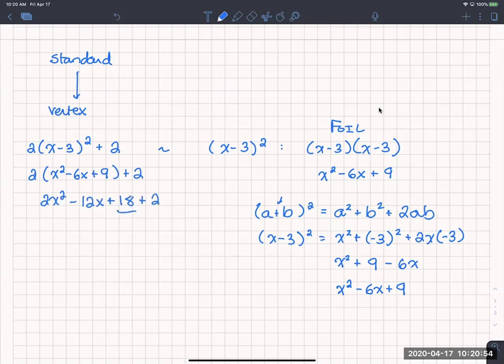Then the last thing we do is combine my constant terms. There we go. All right. So going from vertex to standard is easy. You just have to square the binomial.